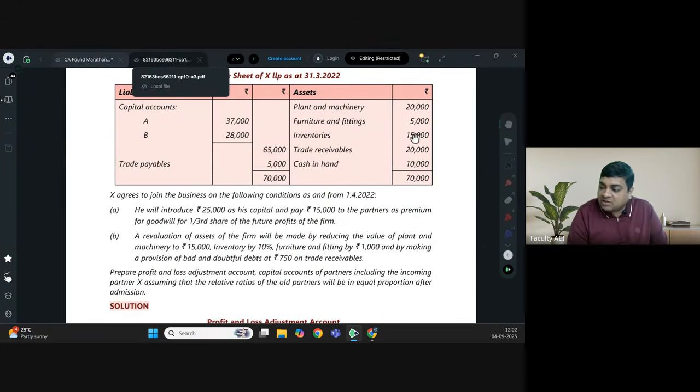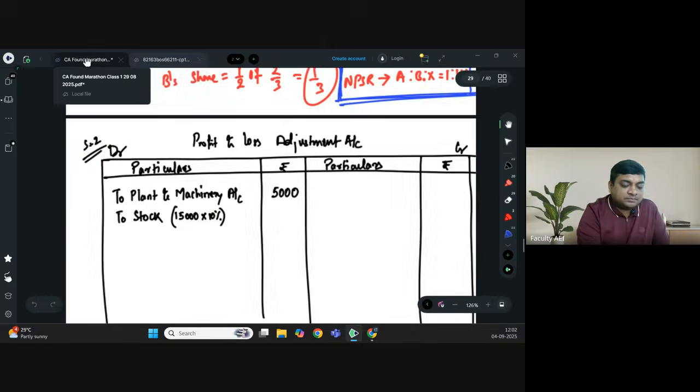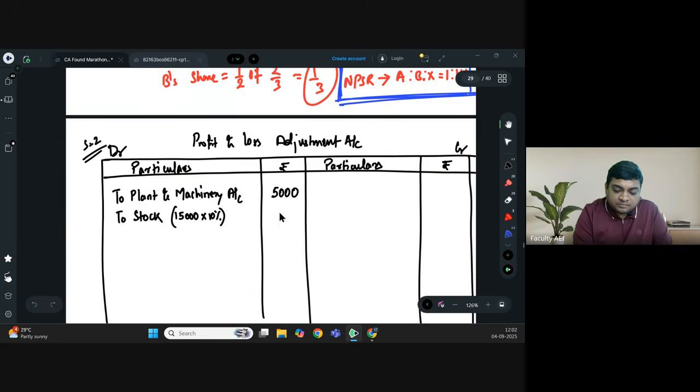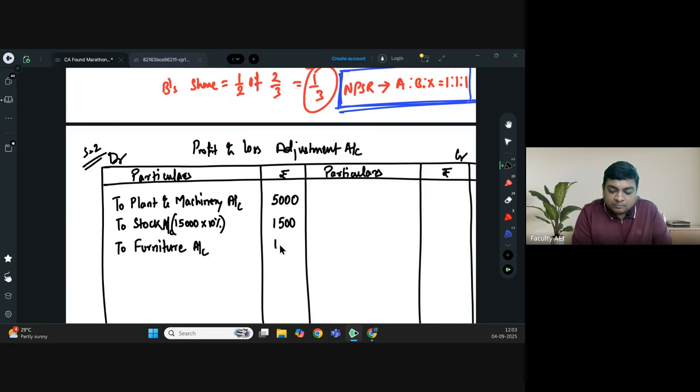Inventory is 15,000, 10% of that, so 1,000 is the fall.